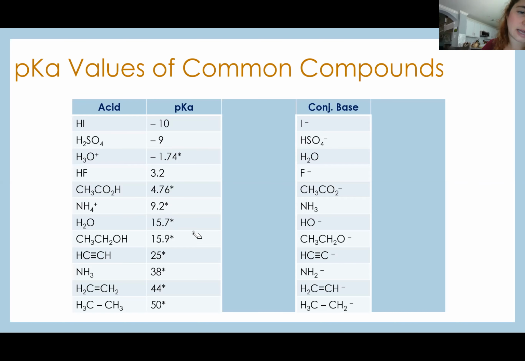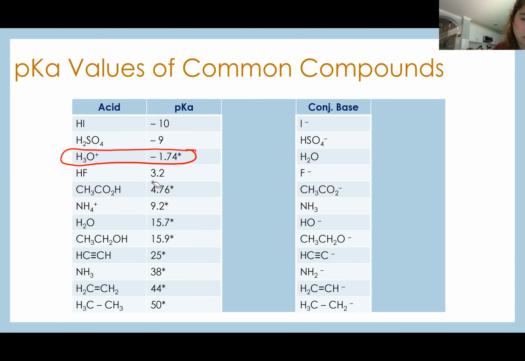Hydroiodic acid is an incredibly strong acid. It has a pKa of -10, which means its Ka is 10 to the 10th. So there's a lot more hydronium and iodide in that solution. The pKa of hydronium is -1.74, which means anything that has a pKa larger than that is not a strong acid.